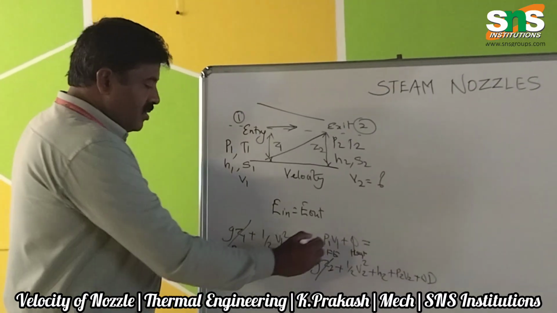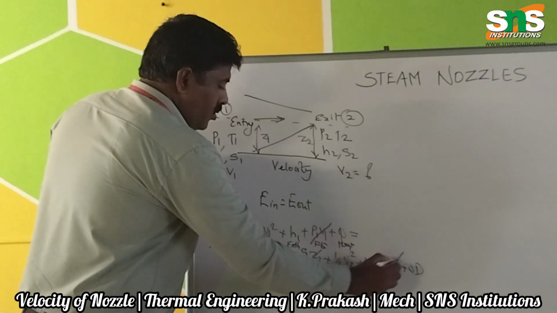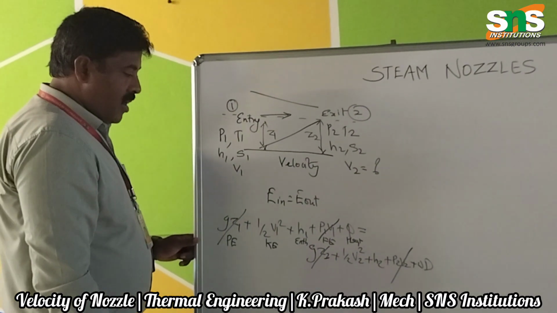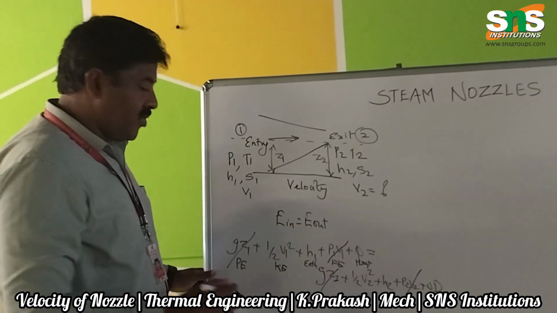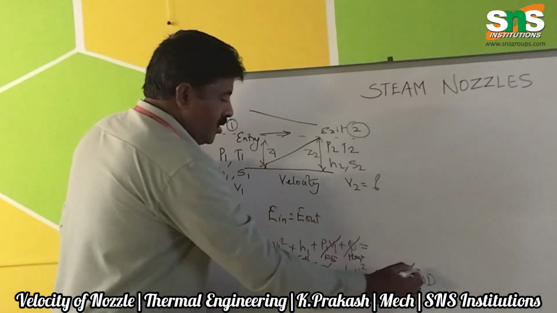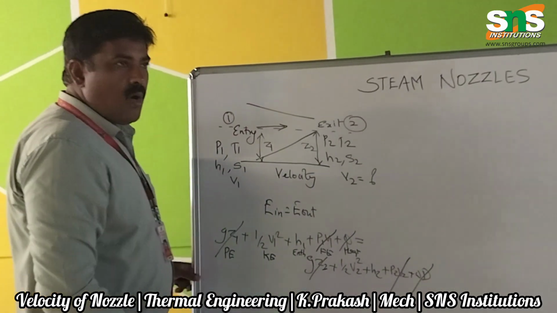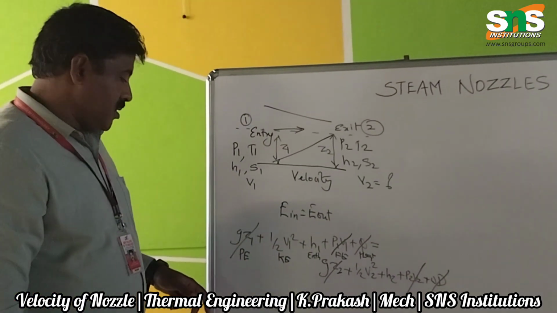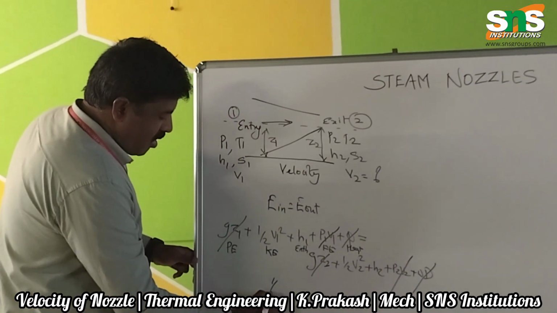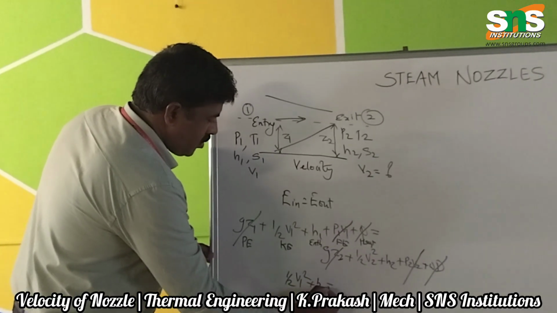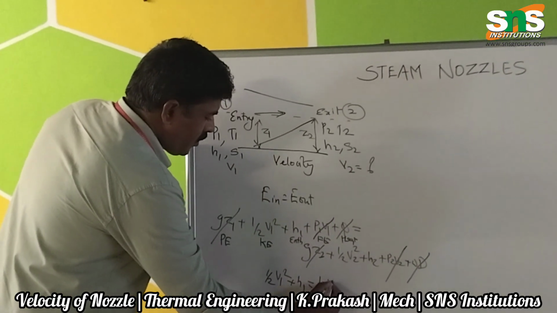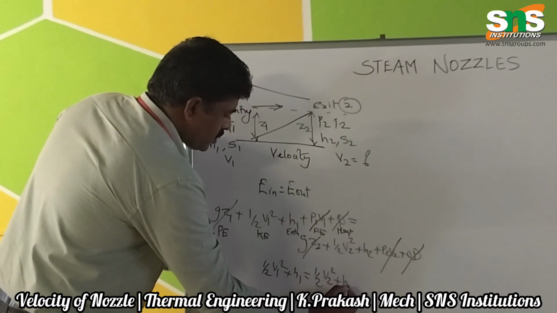Same way, the flow energy also has no change. And in the steam nozzle no heat is transferred, so Q is 0. No work is done either. So all these parameters get cancelled. What remains is half V1 square plus H1 is equal to half V2 square plus H2.